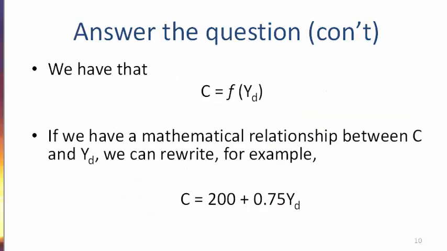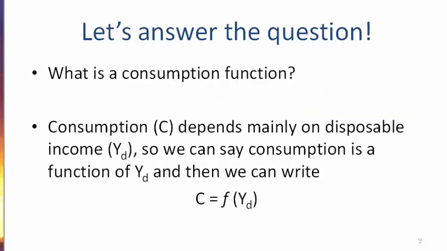Let's use this information to answer the question posed earlier about what is a consumption function. We know empirically that consumption depends mainly on disposable income, so we could write the consumption function as consumption is some numerical function of disposable income.